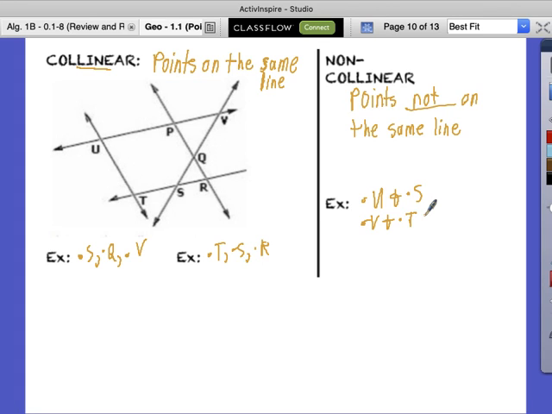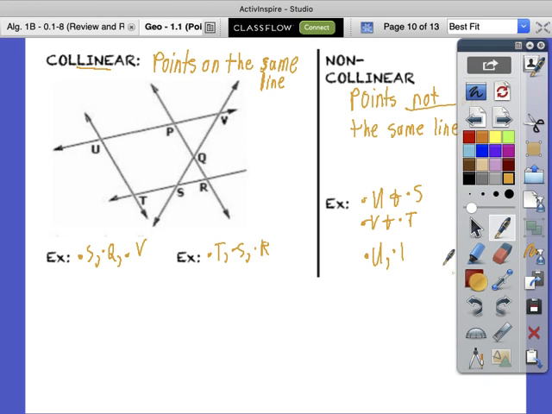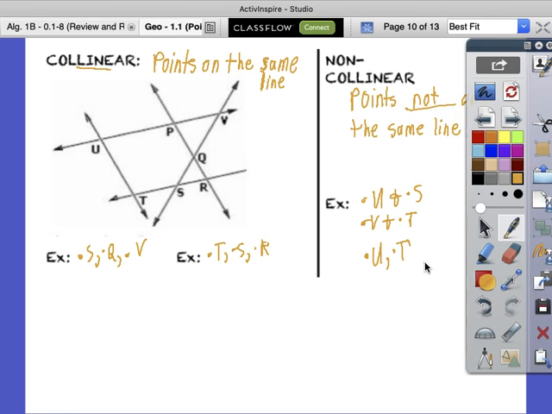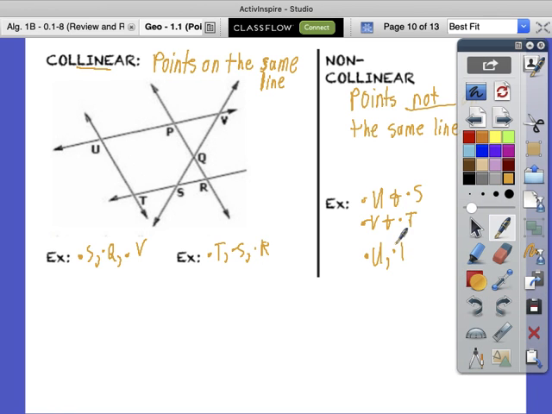Now, if I were to say point U, point T, and point Q. Okay? Would we say that those are all on the same line or that they're not all on the same line? Q isn't. So as a group, are they all on the same line?